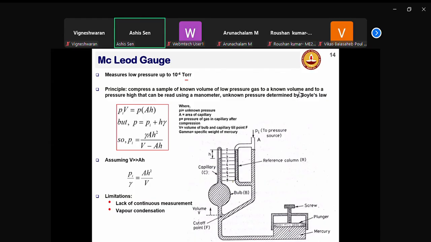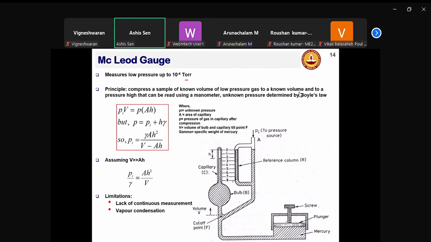Let's say here you use mercury as the working fluid. This is connected to the source pressure, and the source is at a subatmospheric or vacuum pressure. This is fluidically connected to this chamber, and there is a plunger.